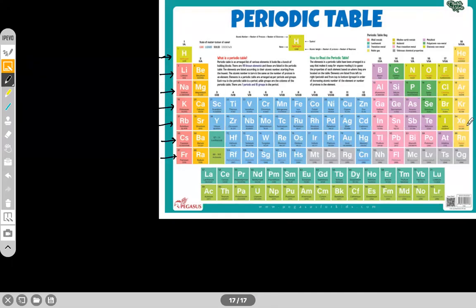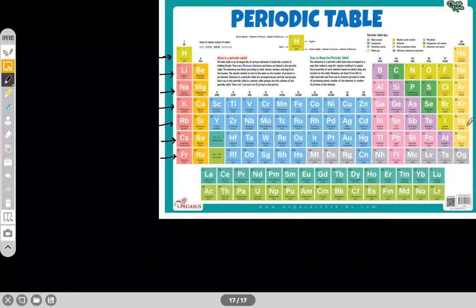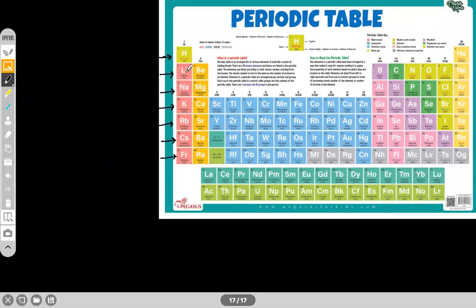So the elements here are classified into blocks. You must have heard the terms S block elements, P block elements, D block, like that. If you see the electronic configuration of hydrogen, it is 1s1. Lithium is 1s2, 2s1, then sodium 1s2, 2s2, 2p6, 3s1, and then 4s1, 5s1, like this. The last electron goes into the s subshell for all these first group elements.